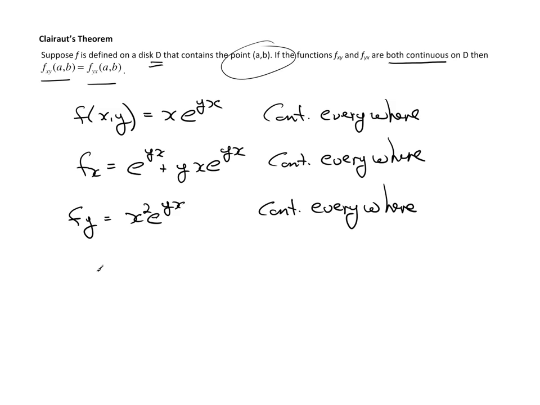So based on that, we know going into this that the partial with respect to x and then y is going to be equal to the partial with respect to y and then x, evaluated at this point. And because all these functions are in fact continuous everywhere, it's not just some region about (a, b), that's going to be true for any (a, b) that are both real numbers.